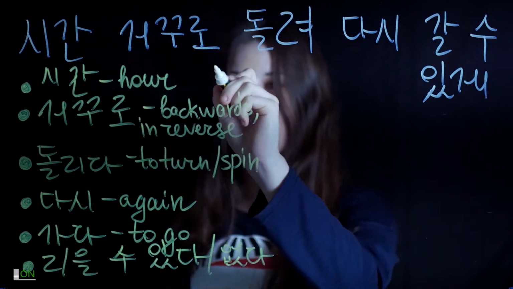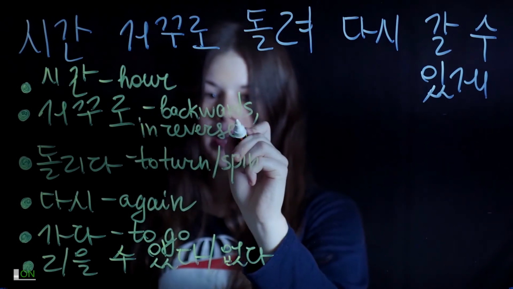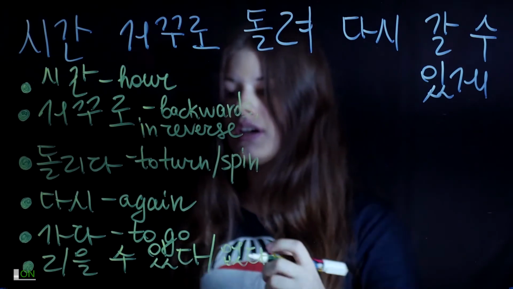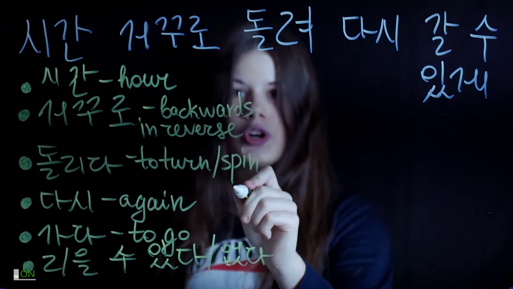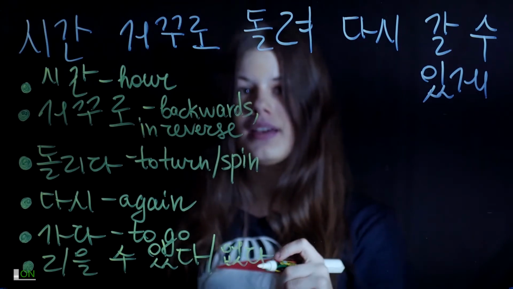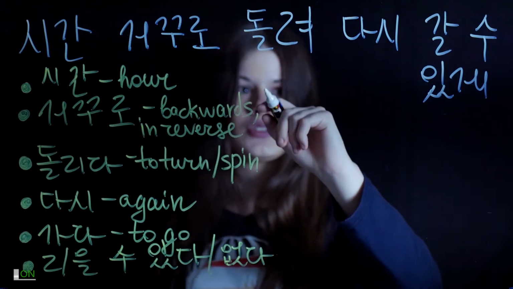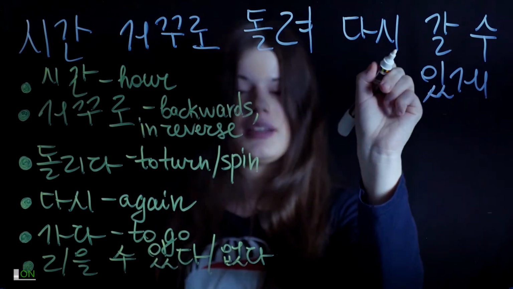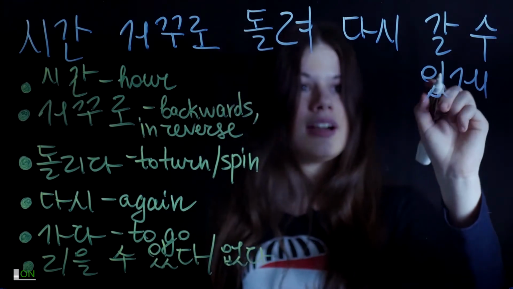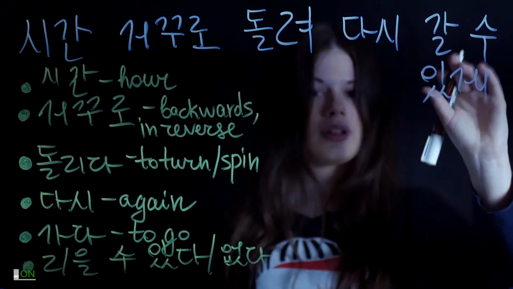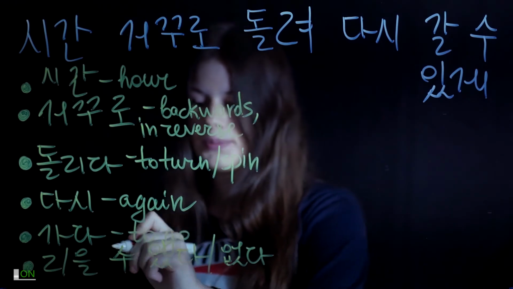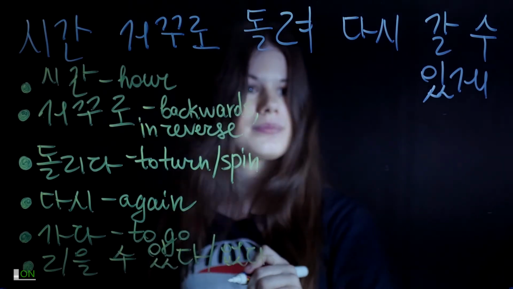Hour. 거꾸로 means backwards, in reverse, vice versa, upside down. 돌리다 means to turn or spin. It is conjugated into the present tense. 다시 means again. And here we have a lot of grammar stuff. 갈 comes from the verb 가다, to go.